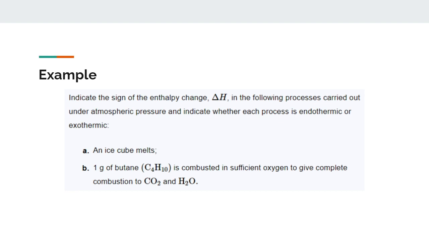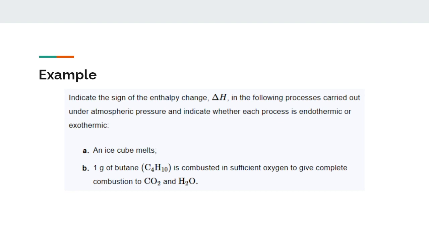So if the reaction is endothermic and is gaining energy, that means Q is going to be positive, and delta H is also going to be positive. And on the other side of things, if a reaction is exothermic, Q is going to be negative, which means delta H is also going to be negative.